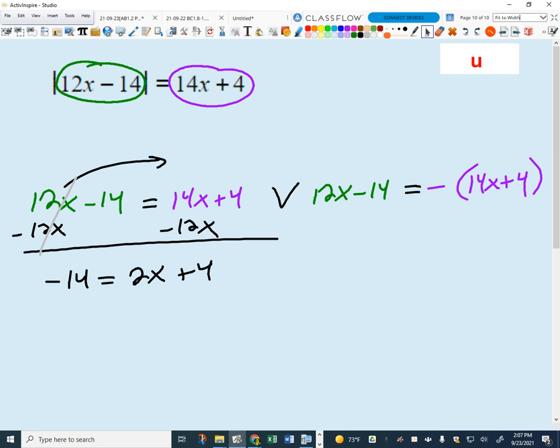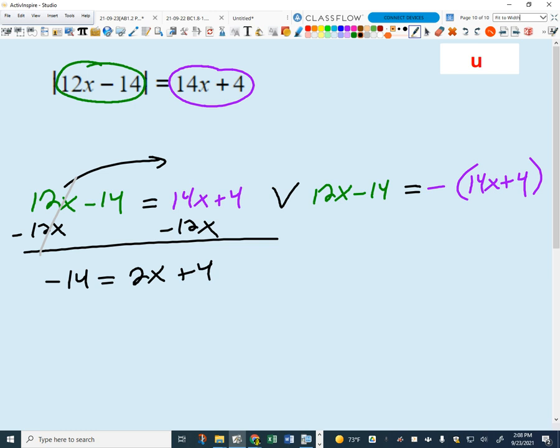Okay, so now we've got 2 different equations to solve. Let's focus on this equation first. So we just started this, right? We're going to subtract 12x from both sides. So we get negative 14 equals 2x plus 4. If we keep going, what are my 2 steps in order to isolate x? Everybody just say it.